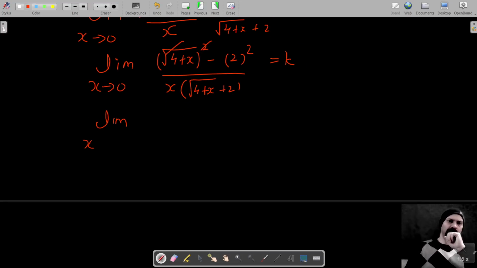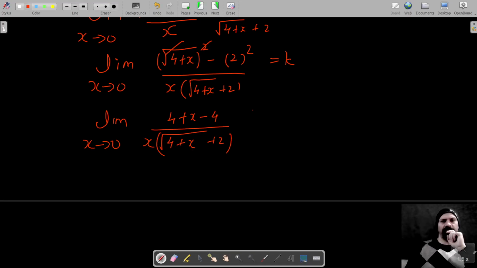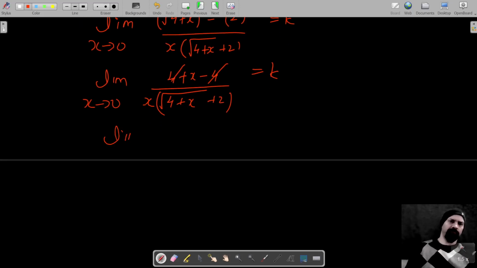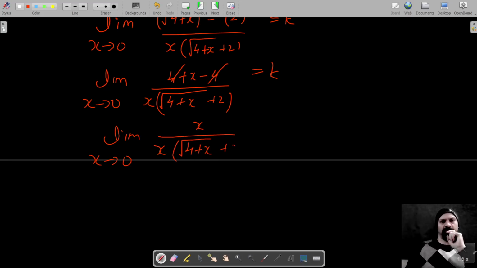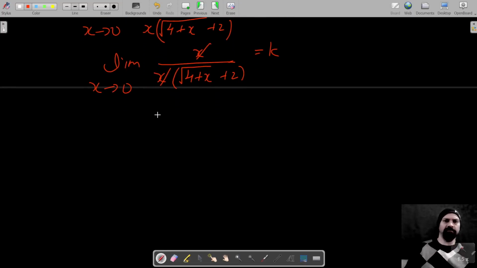And now we have the limit as x tends to 0 of (4 plus x minus 4) upon x into (under root 4 plus x plus 2) is equal to k. And the limit as x tends to 0 of x upon x into (root 4 plus x plus 2) is equal to k. x and x get cancelled.